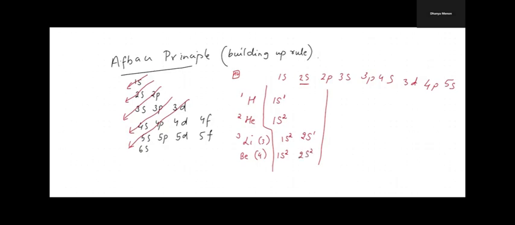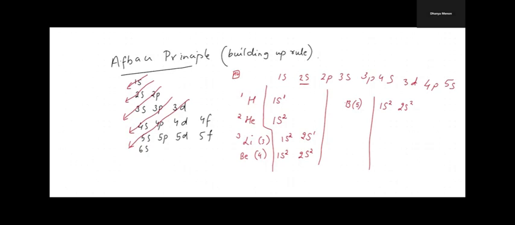Next is boron. Boron, the atomic number is 5. So out of the 5 electrons, 2 of them will go to 1s subshell. 2 will go to 2s. And 4 we have used, 1 more remaining.